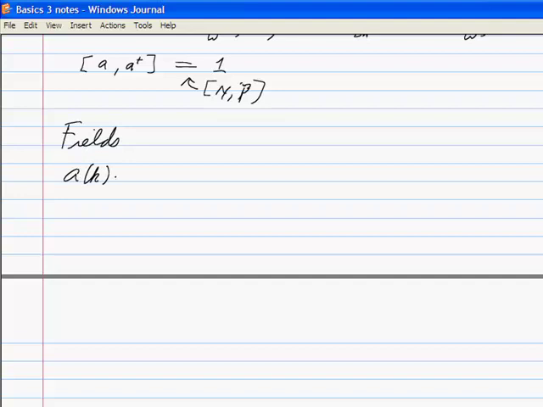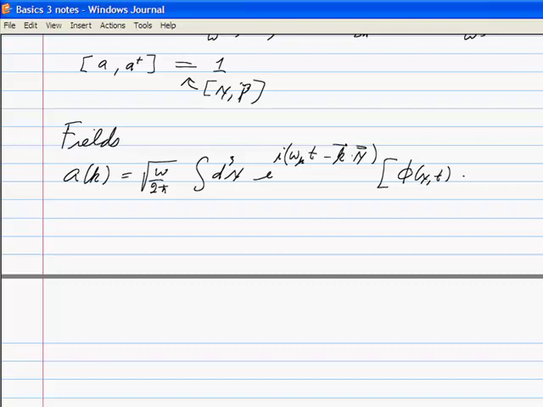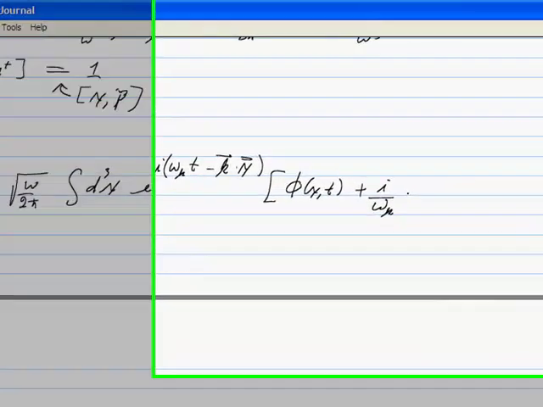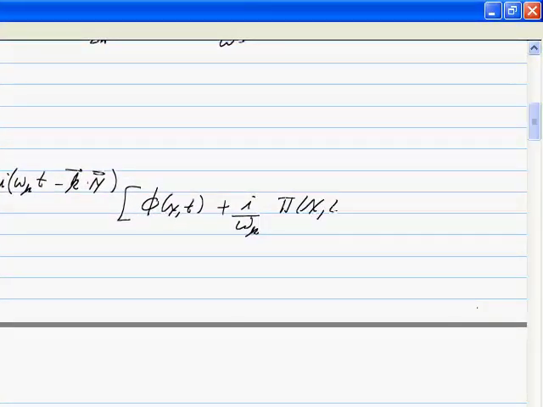A of k, or A of p, well, I'll let you do A of k, that's what I have here in my notes, is omega over 2 h bar integral d3x e to the I omega k of t minus k dot x of phi of x and t plus I over omega k pi of x and t.